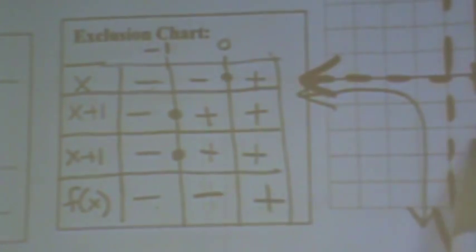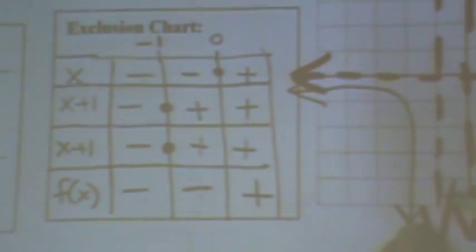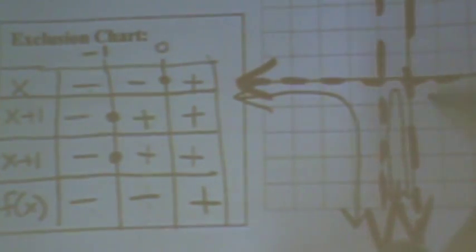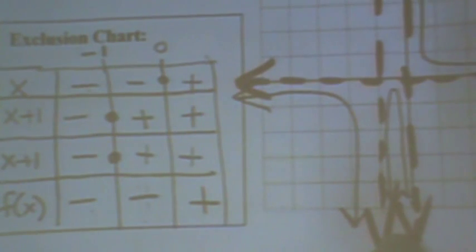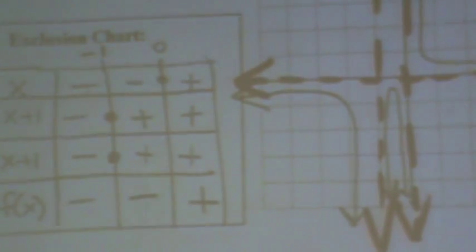From -1 to 0, which is a skinny little corridor right here, you're limited to the negative region. So what you're going to do is draw a little parabola, because you don't want to cross that asymptote, and then you're in the positive region from 0 to infinity. Everyone got that? Questions?